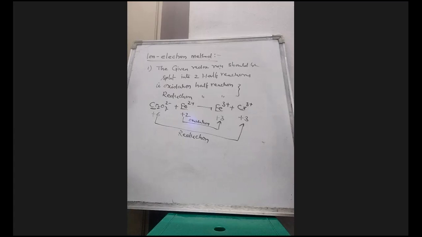Split the given redox reaction into two half reactions, one oxidation half reaction and the other reduction half reaction. This should be done based on the oxidation state of a particular element, whether it is increasing or decreasing. If it is increased, it is called oxidation.